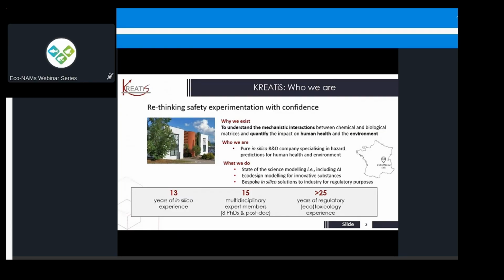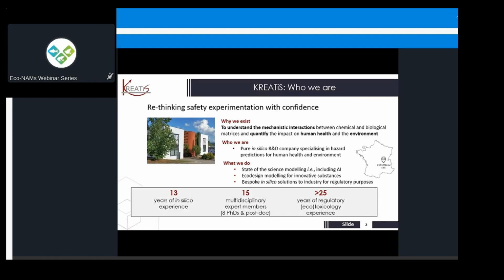So we're now in our 13th year of existence. We have 15 multidisciplinary members, of which 8 are PhDs. So we have ecotoxicologists, toxicologists, organic chemists, machine learning experts, and biostatisticians, all of which help our developers to create quality solutions for our customers.